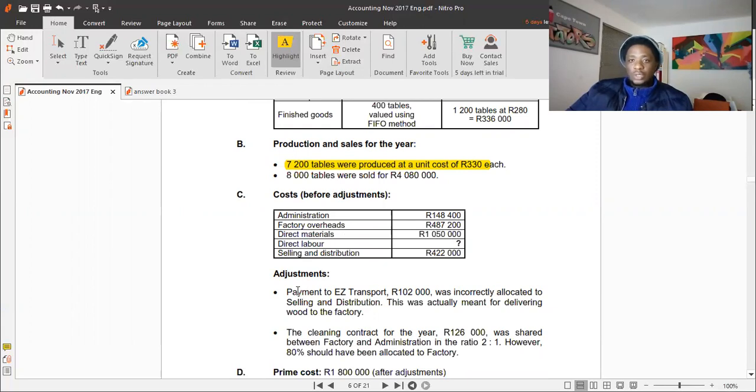We know that the cost of an asset is the purchase price plus other costs incurred to bring that asset to the place and condition for use. In this case, we paid transport to bring raw materials, and instead of adding that to our cost of raw materials, we added it to selling and distribution cost. So we need to redirect that amount and add it to direct materials.